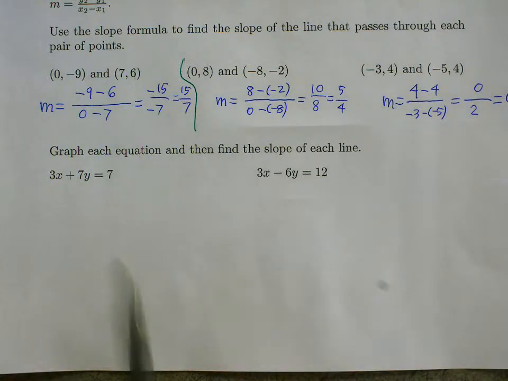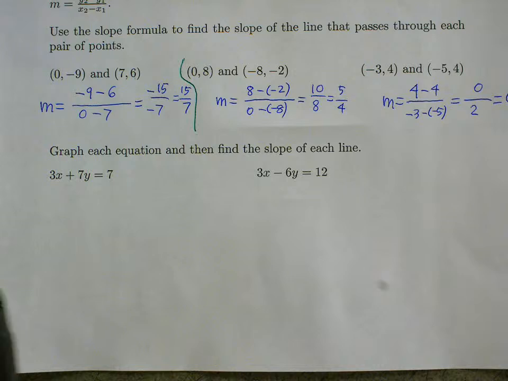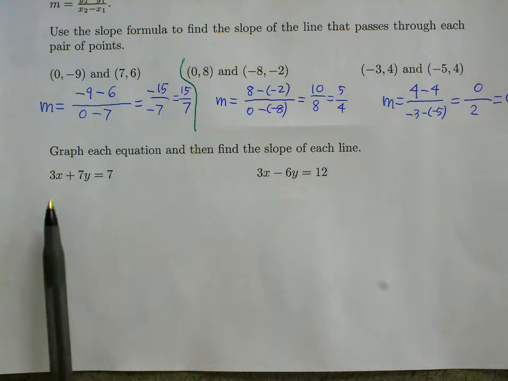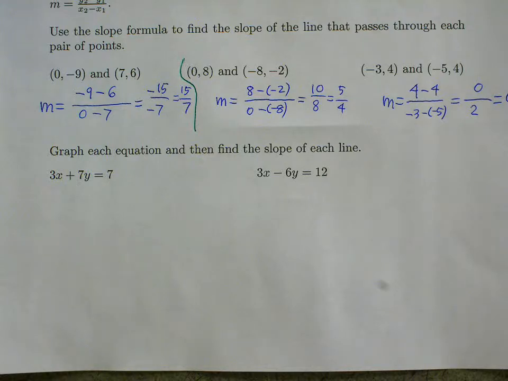That's going to be convenient because in order to graph a line, we need 2 points, 2 ordered pairs of points. And in order to find the slope, we just need 2 ordered pairs of points. So we'll find 2 ordered pairs, we'll sketch the graph, and then we can use the same ordered pairs to find the slope using the slope formula.